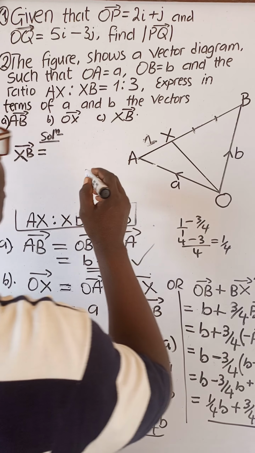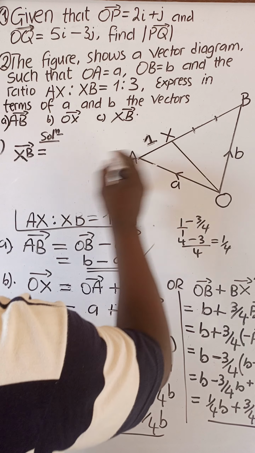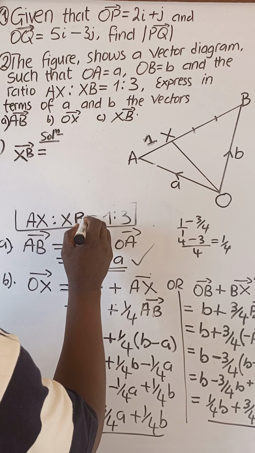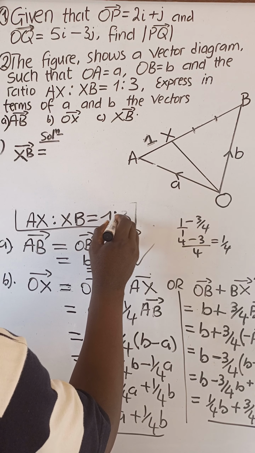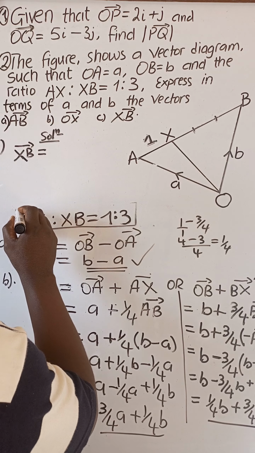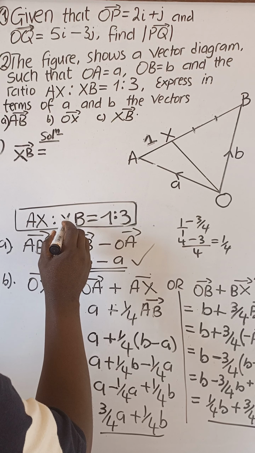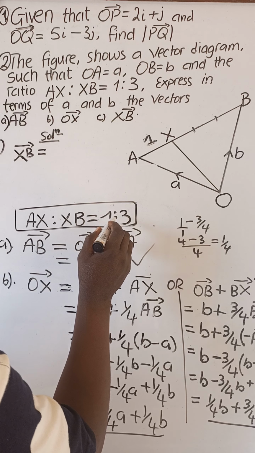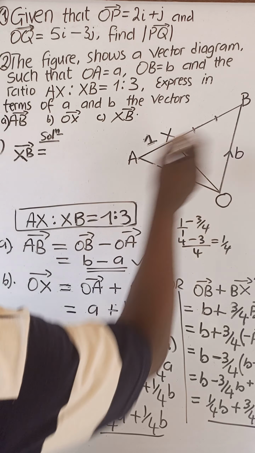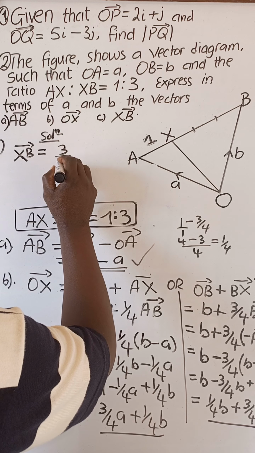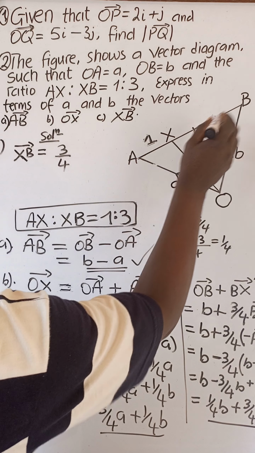Now, again, when we look at that proportion, remember a proportion is an expression that has two ratios, we see that XB is 3 parts of AB. AB is 4. 1, 2, 3, 4.